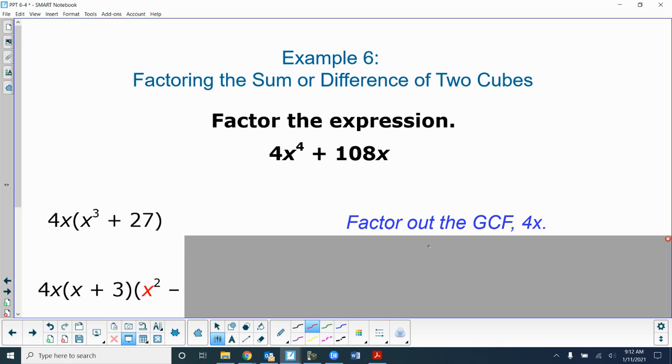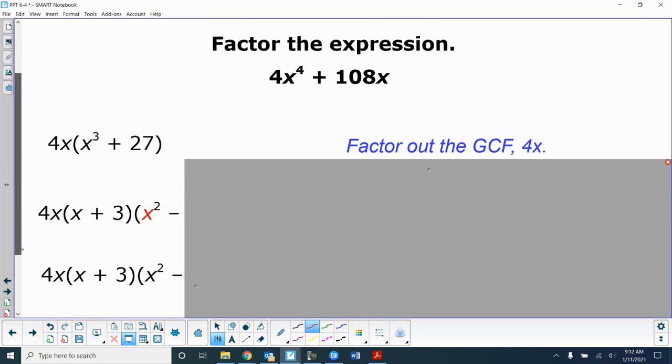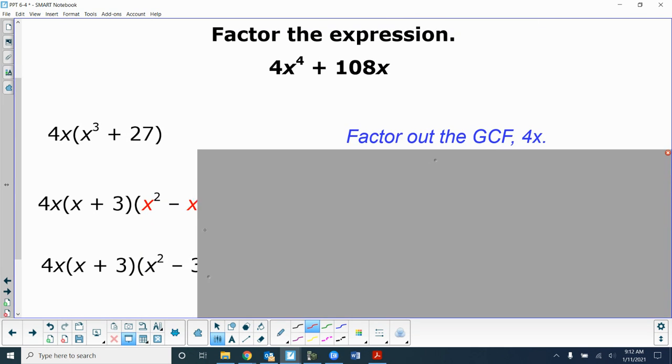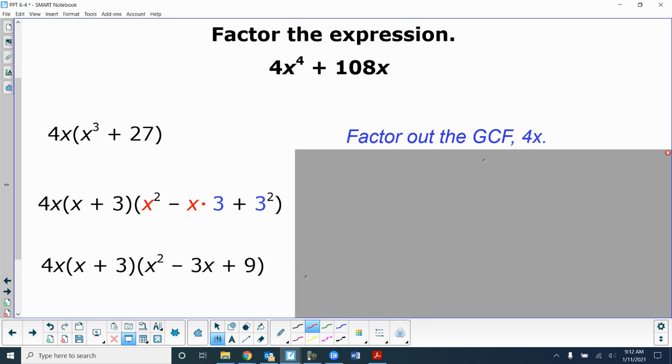What's x times 3? 3x. And then what do I do with this one to get the last one? Square it. It's always plus, no matter what. What's 3 squared? 9. So this one had a GCF we had to pull out first. Always look for that, right? Every time we should look for that when we're factoring.